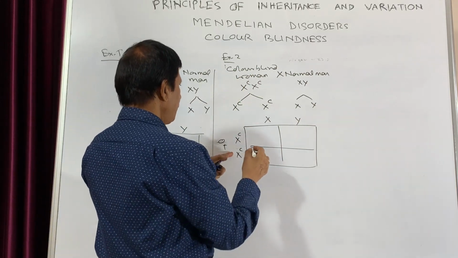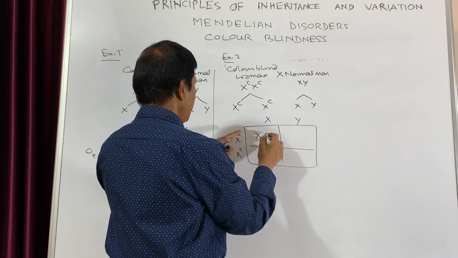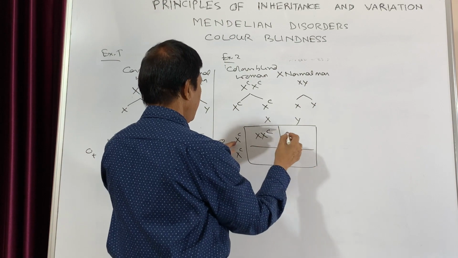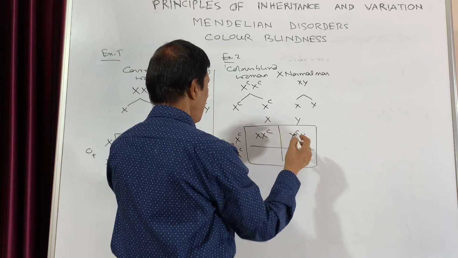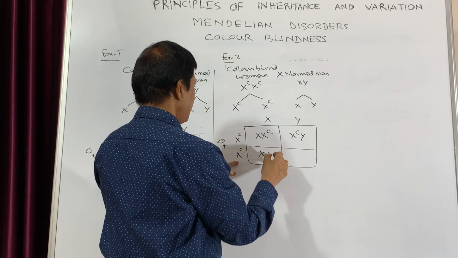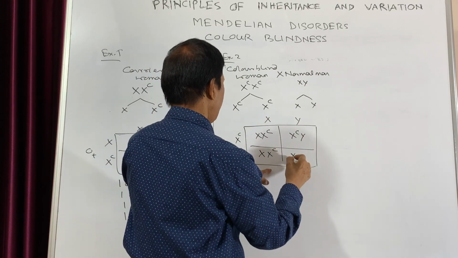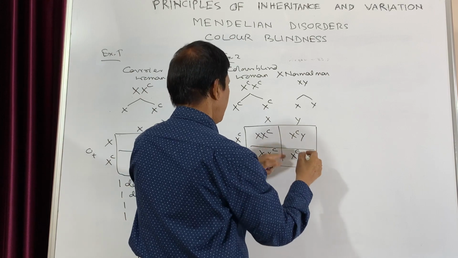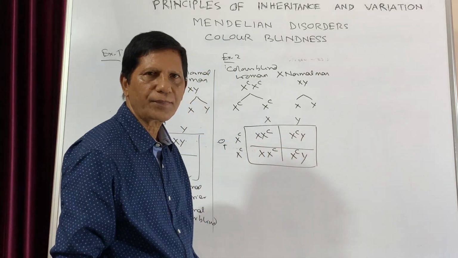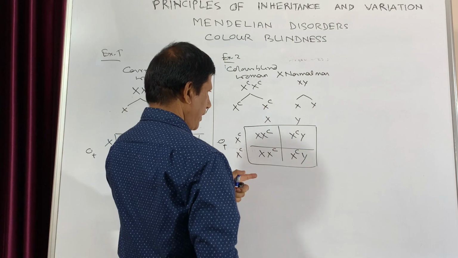So now what is happening? You see, this will be X, XC. This will be XC, Y. This will be X, XC. And this will be XC and Y. Now what is the result you see?